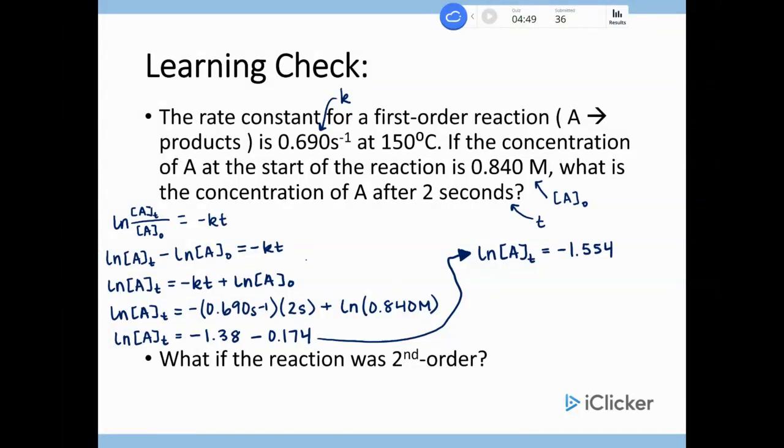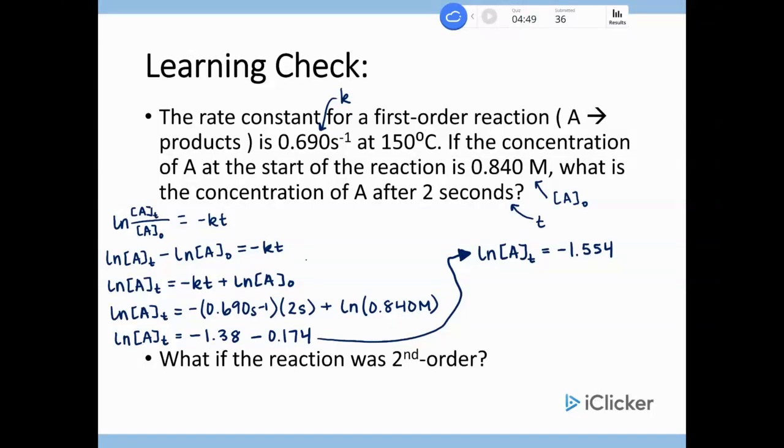So I just simplified the right side. Okay, so from the y equals mx plus b version to here, we've just plugged in values, multiplied, and subtracted. Now we have the natural log of the variable we're looking for is equal to this negative value.